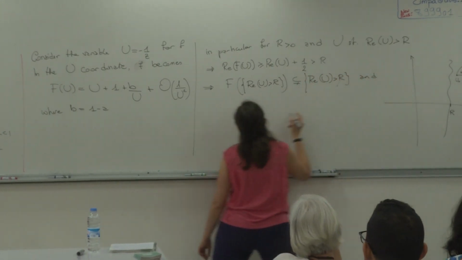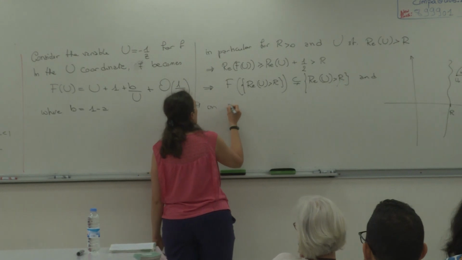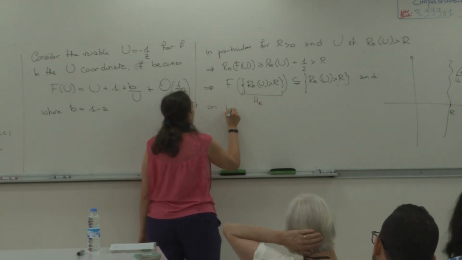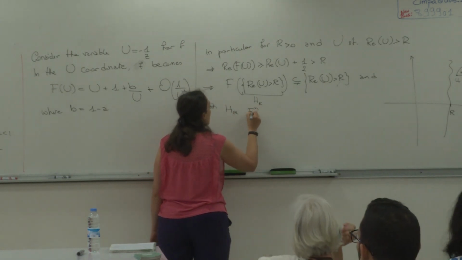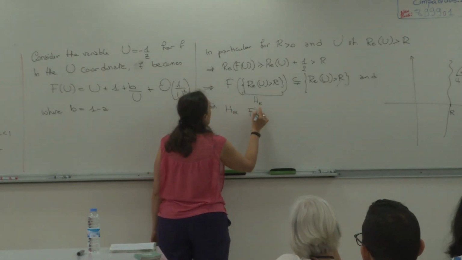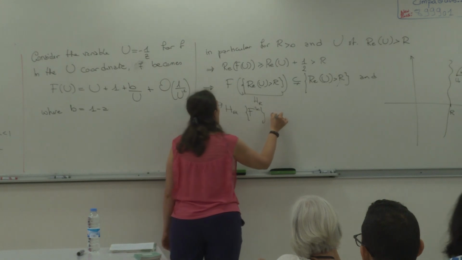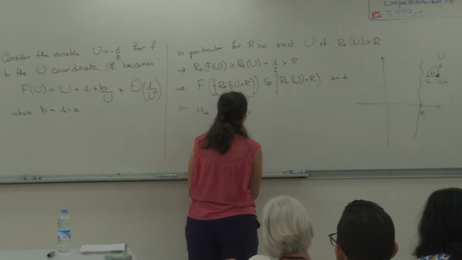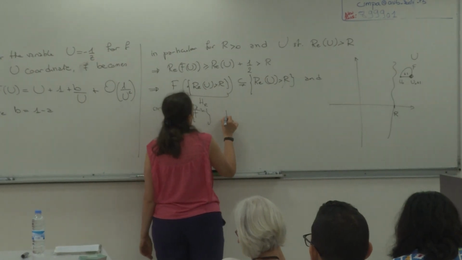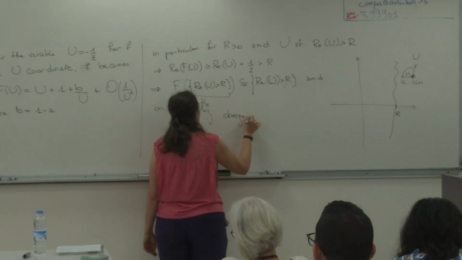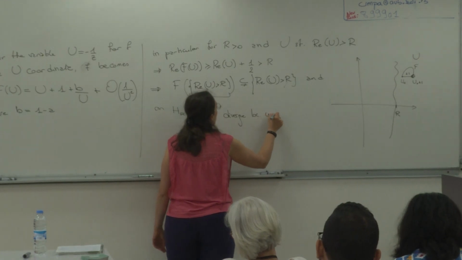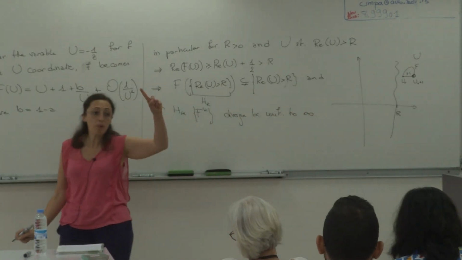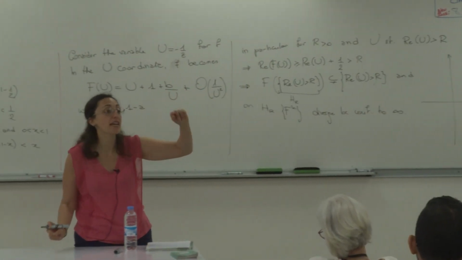And in this setting, I'm going to give it a name, capital HR. On HR, the iterates F^k of u converge. Well, actually, converge is not a good thing to say. So, diverge locally uniformly to infinity.